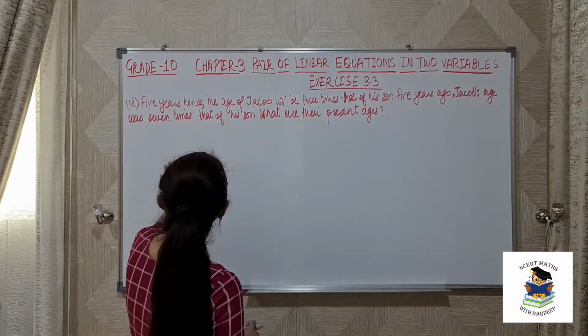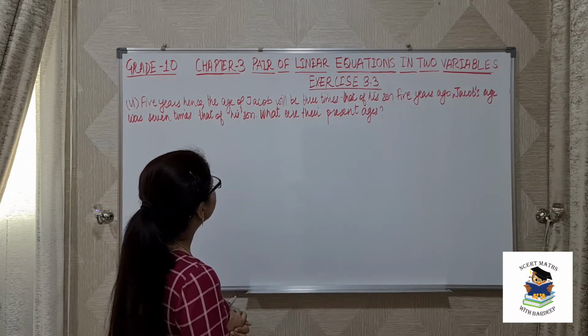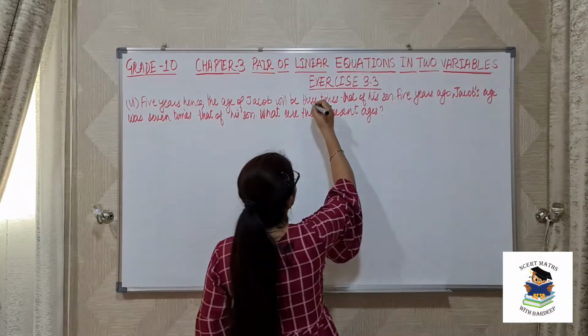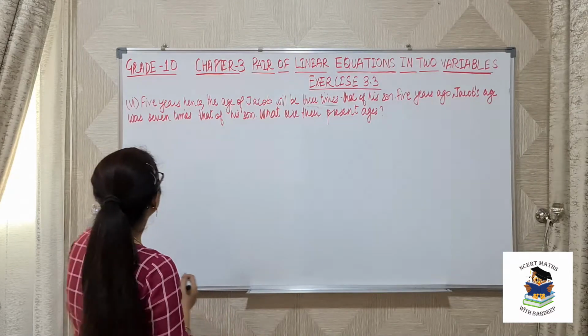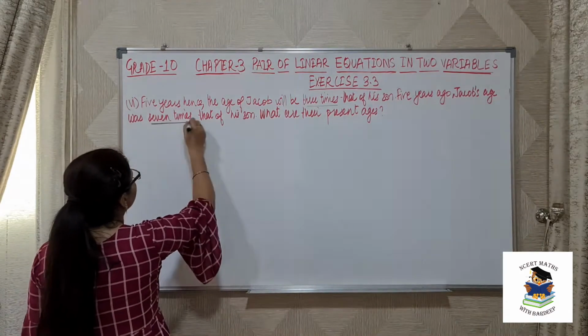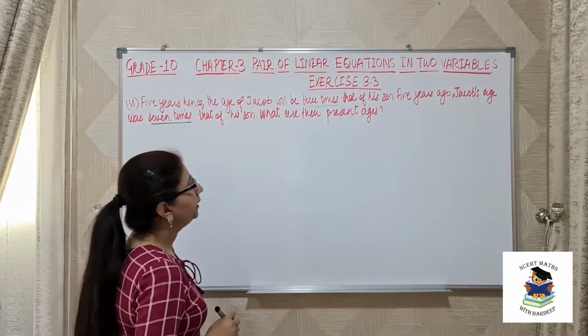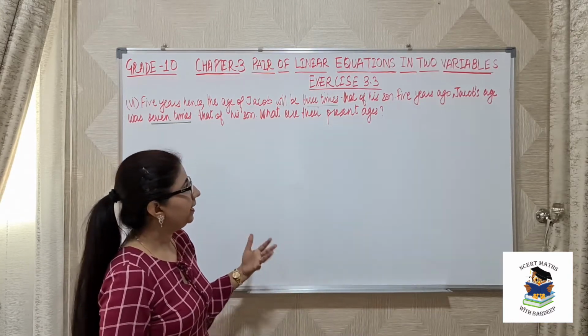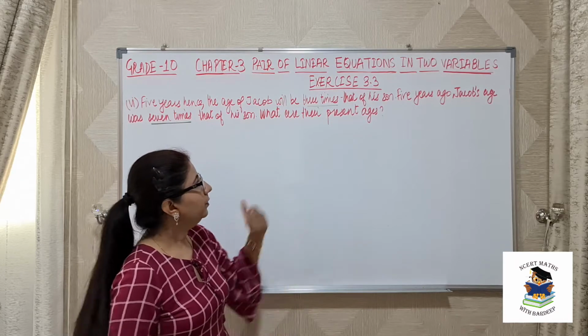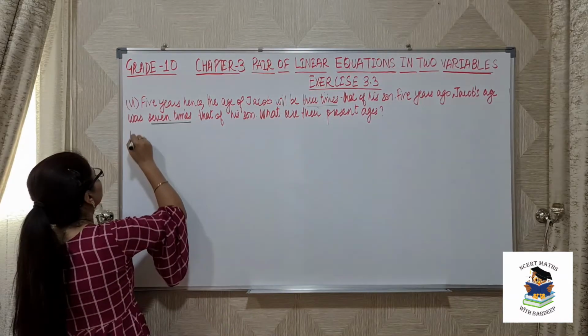So the sixth part is: 5 years hence the age of Jacob will be 3 times that of his son. 5 years ago his age was 7 times that of his son. What are their present ages? So we will assume their present ages to be x and y and then find their relationship.